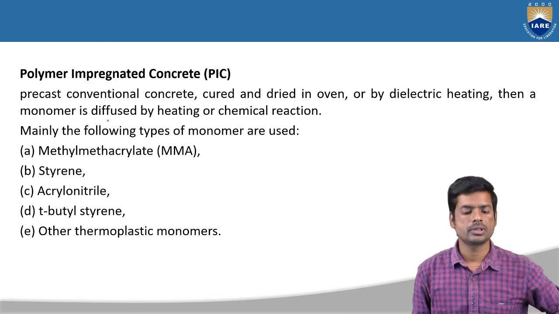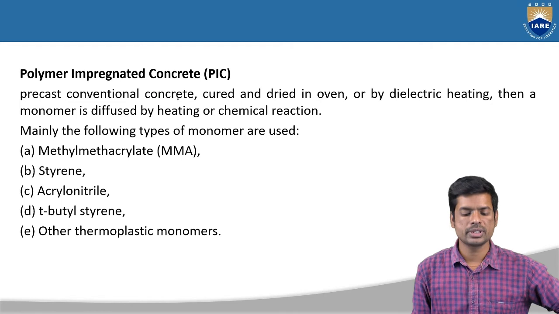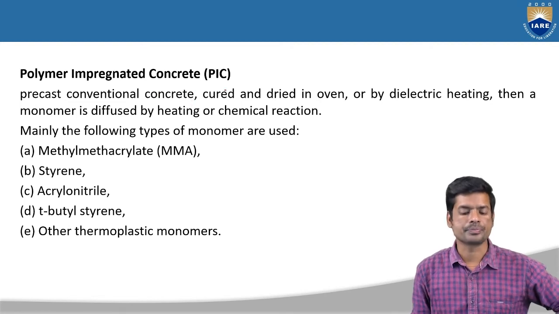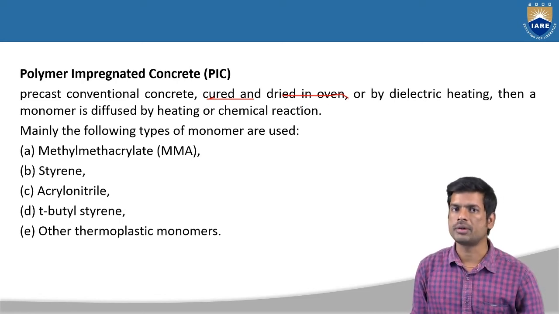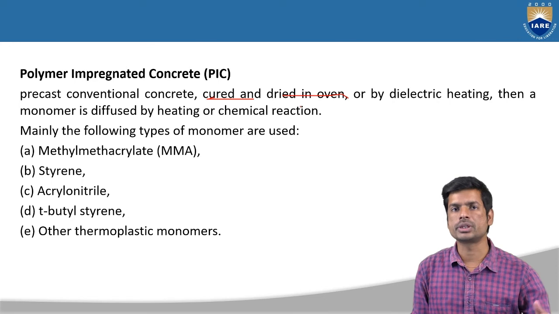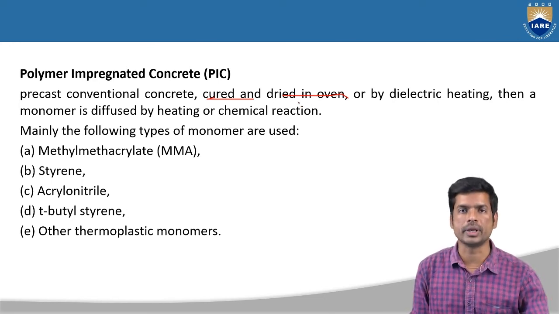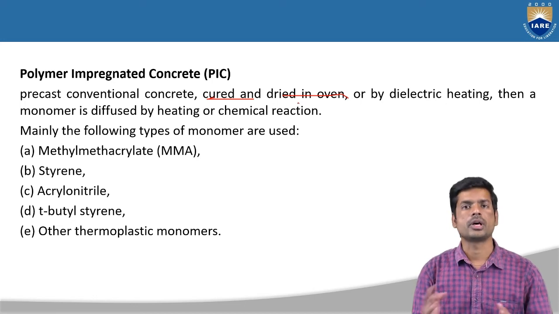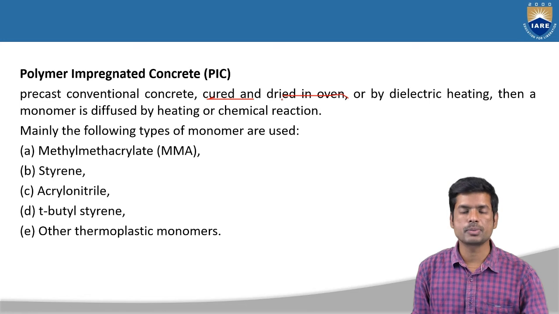Coming to the polymer impregnated concrete, PIC. This concrete is first cured and dried in an oven after casting the normal concrete. After casting normal concrete, we go through the curing period, and then we dry this concrete in an oven. Normally, normal concrete cubes are dried in a normal atmosphere, but this concrete is dried in an oven.